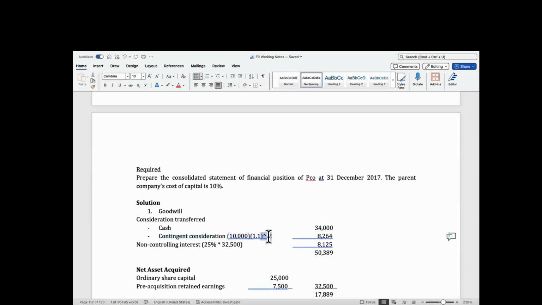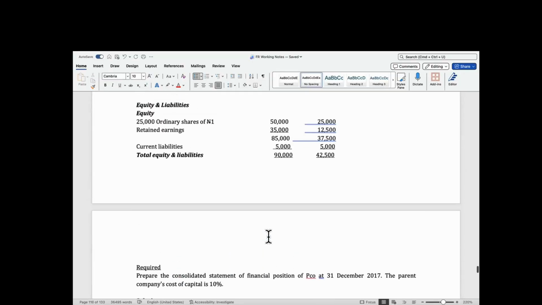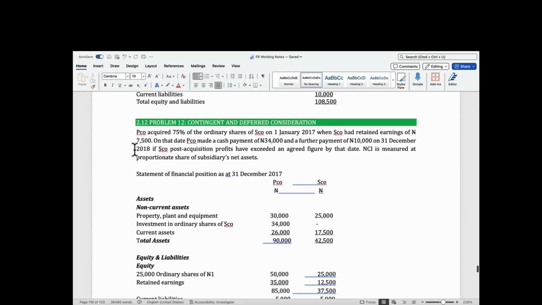This minus 2 is the fact that I'm paying in 2018, and I promised him in 2017 on the date of acquisition. If you count from January 2017 to December 2018, you see that there's a 2 years gap, 17, 18.